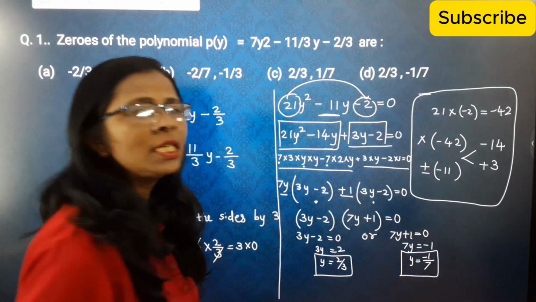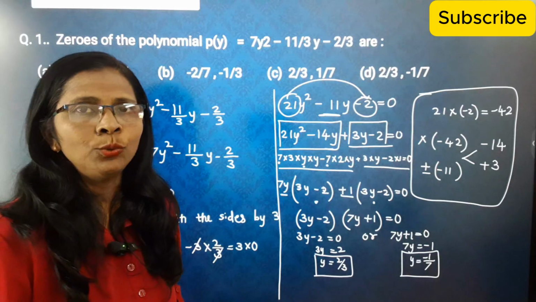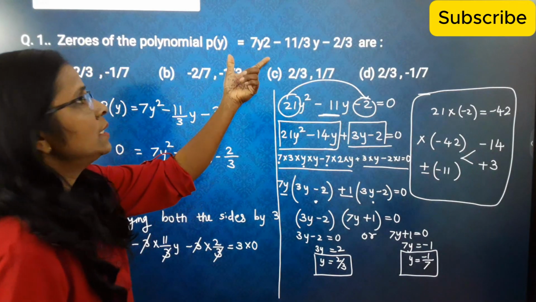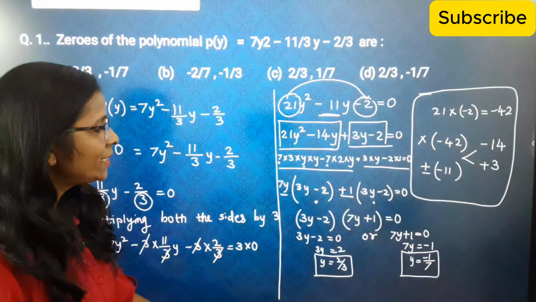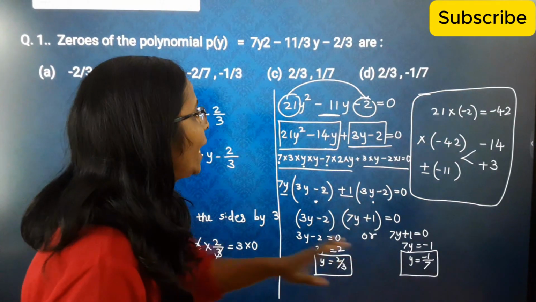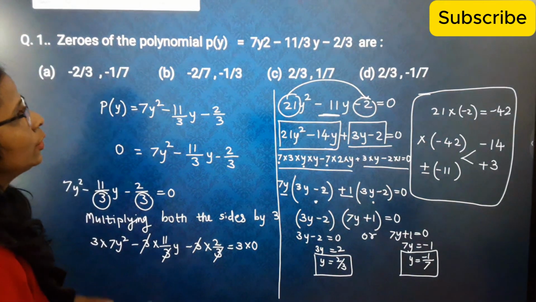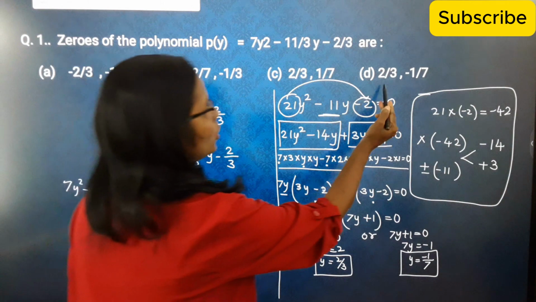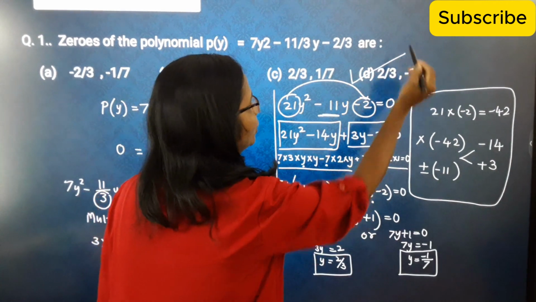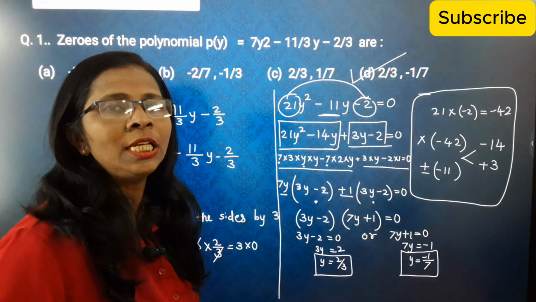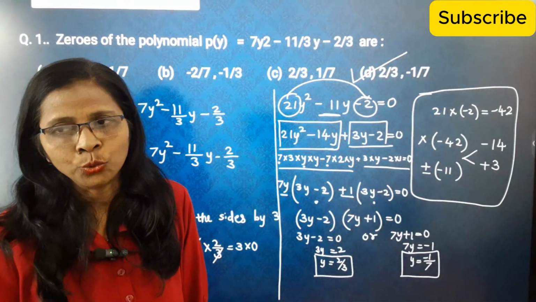So these are the two zeros of the given polynomial: 2 upon 3 and minus 1 upon 7. So option D is the correct answer, students.